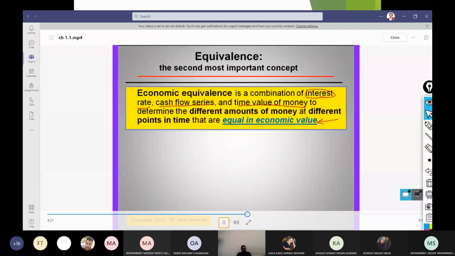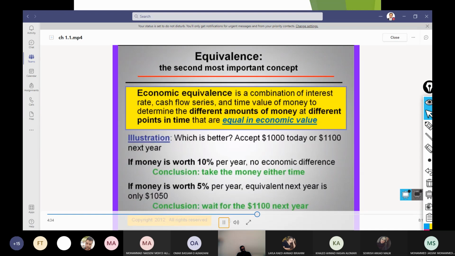The interest rate that is used is very important in the concept of equivalence for engineering economics. It must be the same over time for the different amounts of money at different points in time to be equivalent.